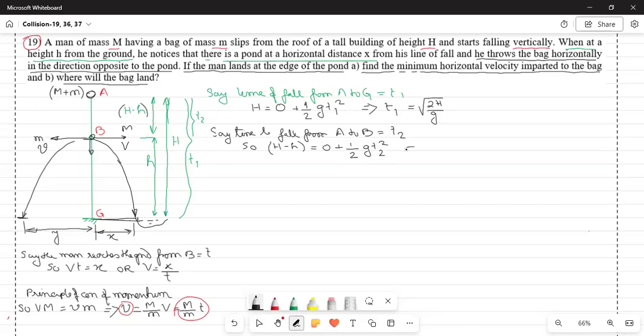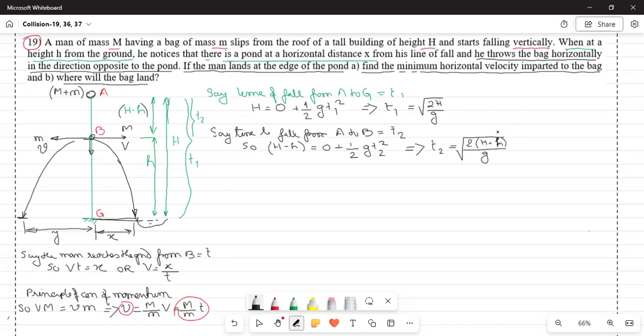From here we get T2 is equal to under root 2 into capital H minus small h divided by g.